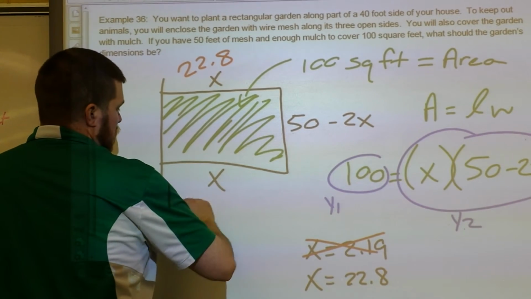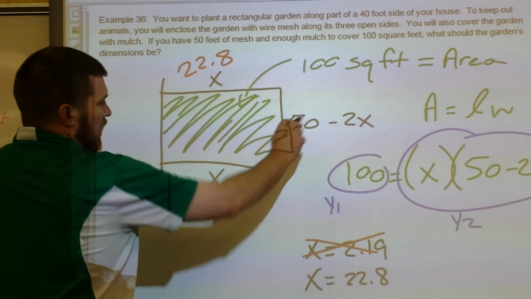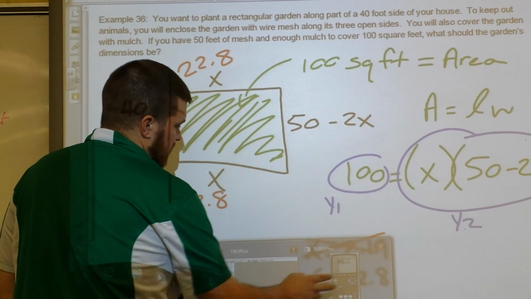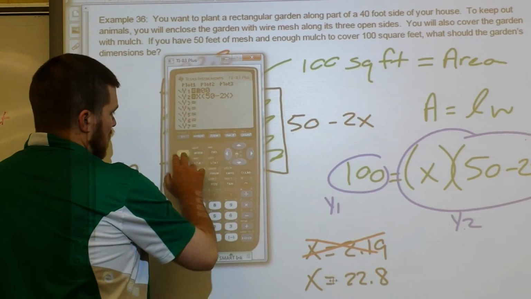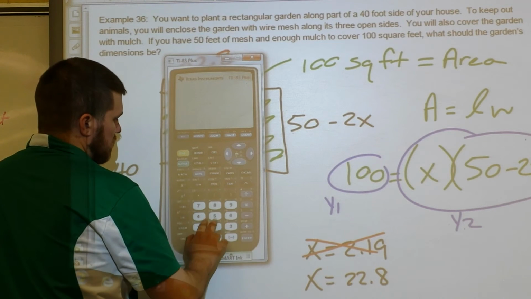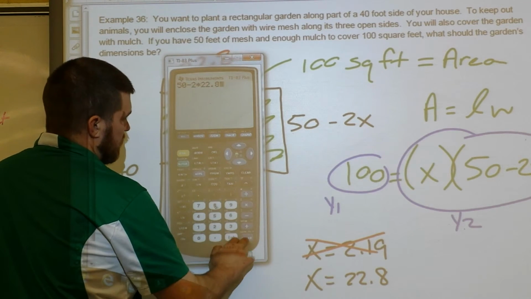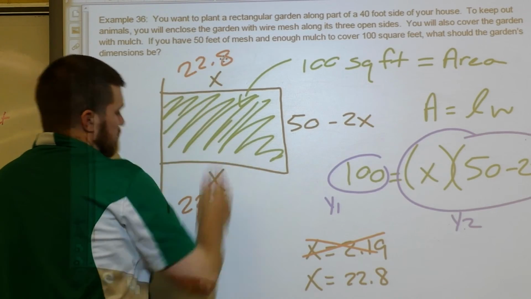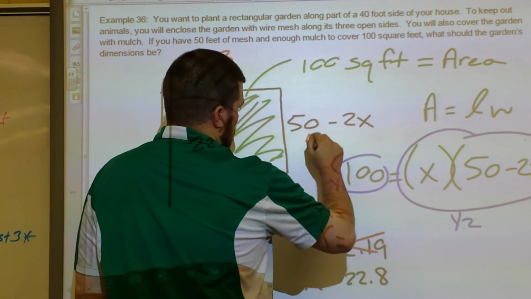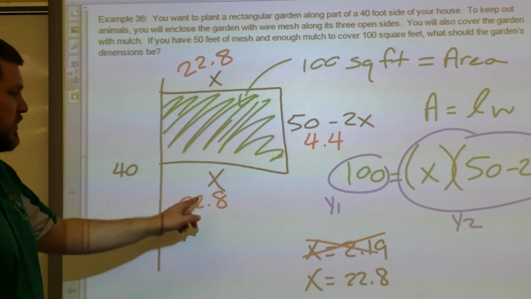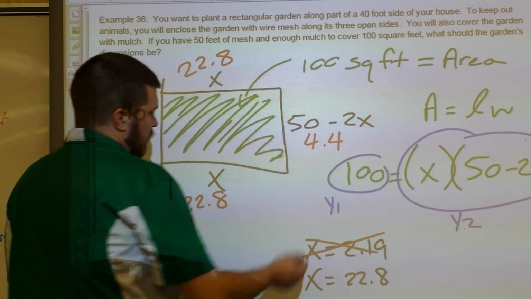That would mean this side is also 22.8 feet. And then this side, if I plug in 50 minus 2 times 22.8, so let's use our calculator, 50 minus 2 times 22.8, that's 4.4. Okay? So the garden's dimensions should be 22.8 by 22.8 by 4.4.